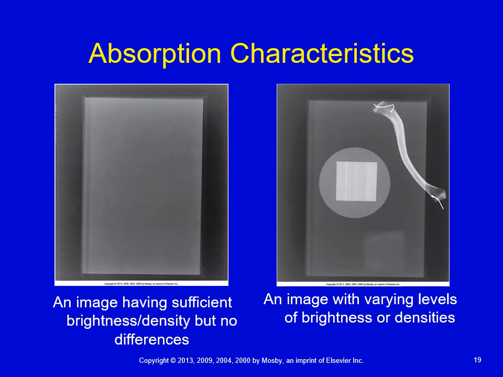Now, in contrast, when we look at the image on the right, we can clearly see the different objects that were placed on that image receptor, because they all appear as different shades of gray, black, or white based on what they intercepted. Now, it's important for you to know why this happens.